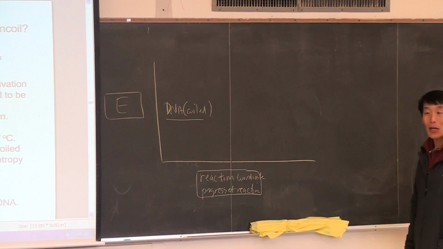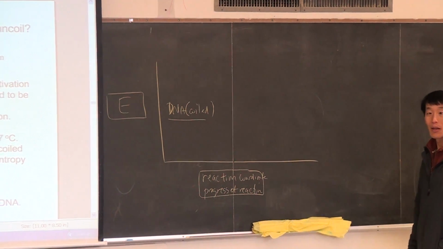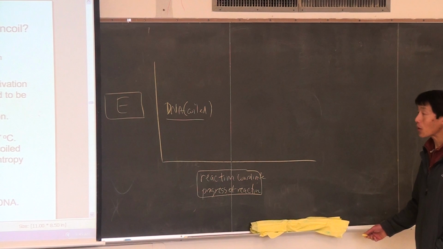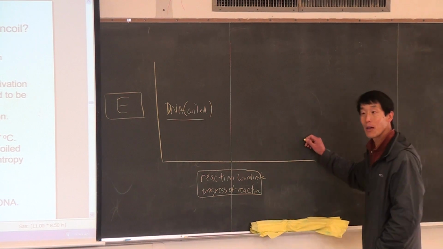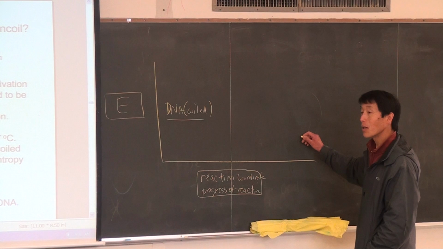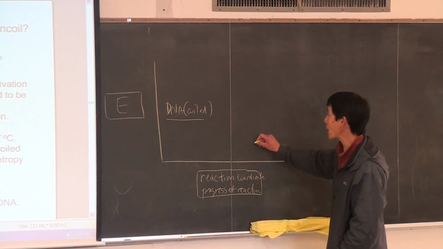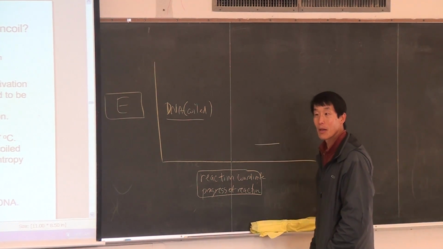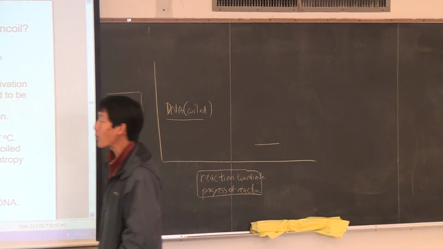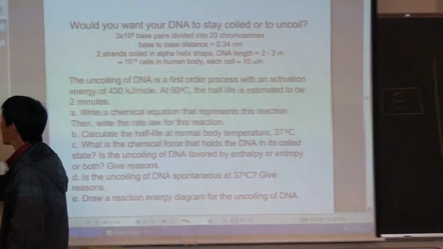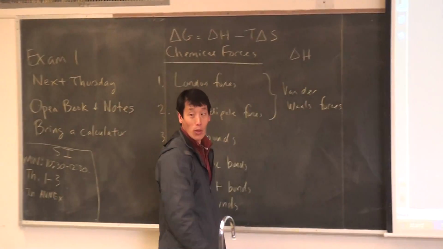Okay, so you said that delta H is greater than 0, so that means the uncoiled DNA is going to be higher or lower in energy? Uncoiled will be lower. Lower? So you're saying that this reaction is exothermic? Yes, because didn't you say that you need to break these hydrogen bonds, which means that delta H is greater than 0?